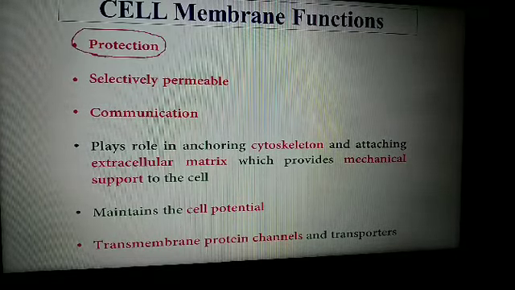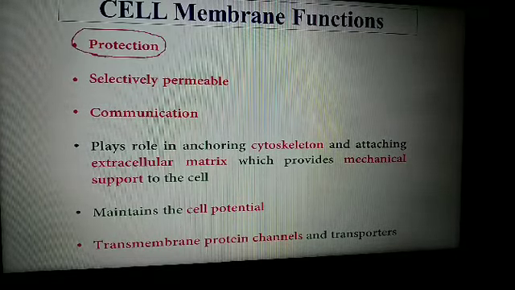Another interesting point we should know about the cell membrane is the permeability of the cell, meaning which substances can pass through the cell membrane. Not all substances can pass through the cell membrane. So which substances can pass through easily and which cannot?